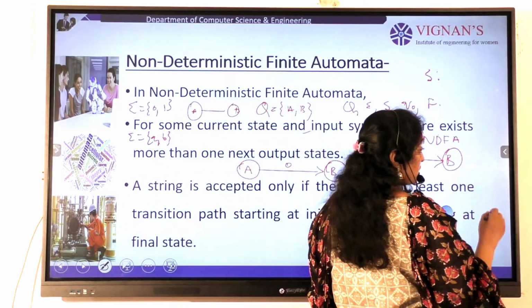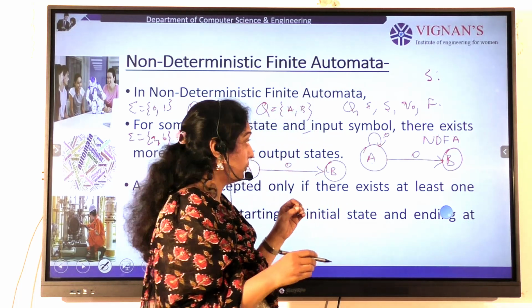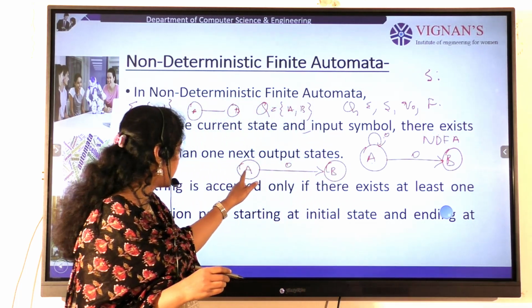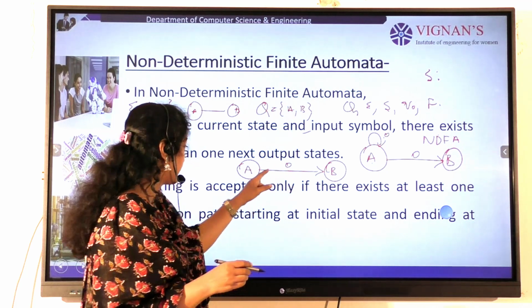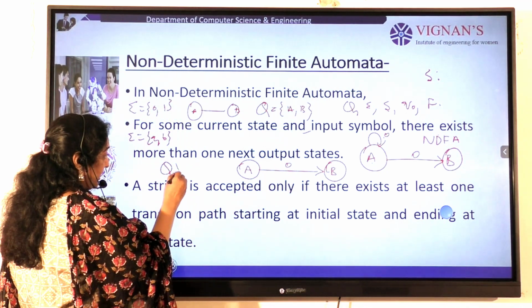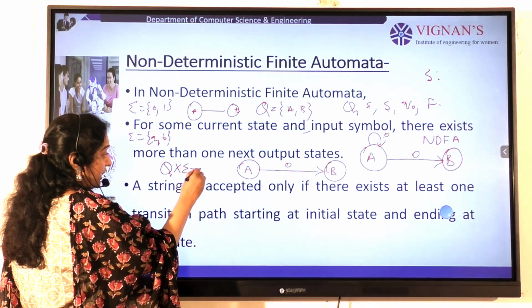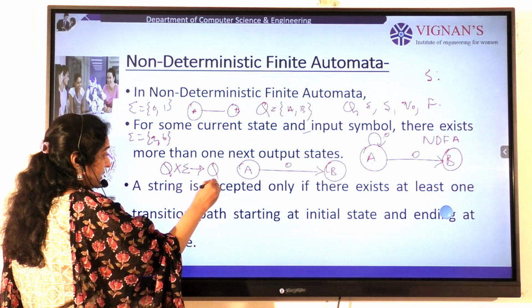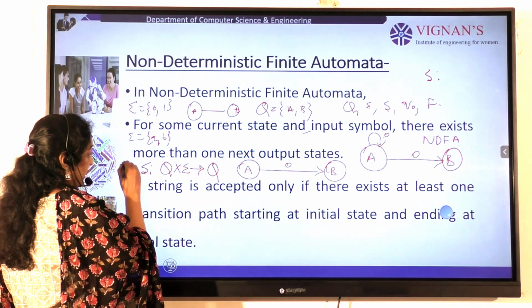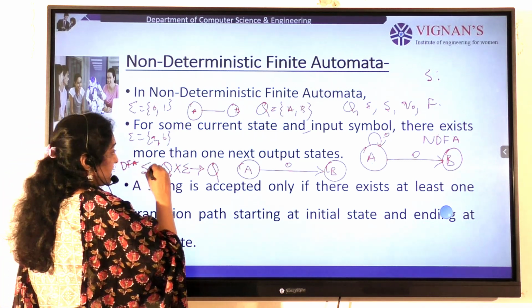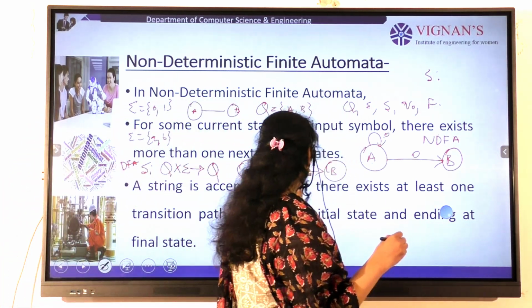In the case of deterministic finite automata, a state, by reading an input symbol 0, will exactly move to one state. That is the transition in DFA. Whereas in NFA, the transition function differs.